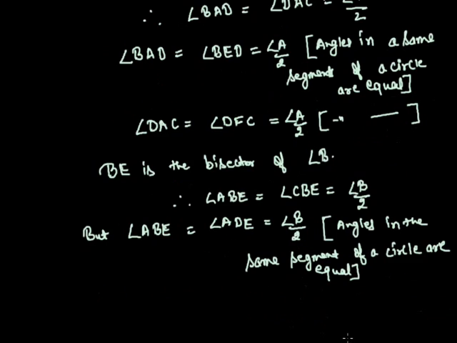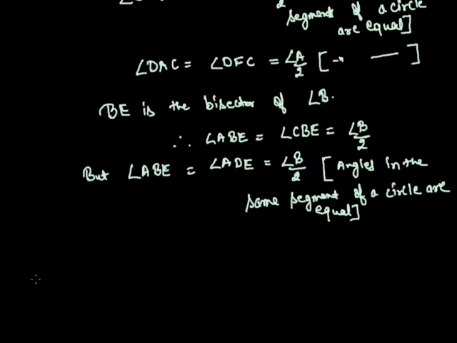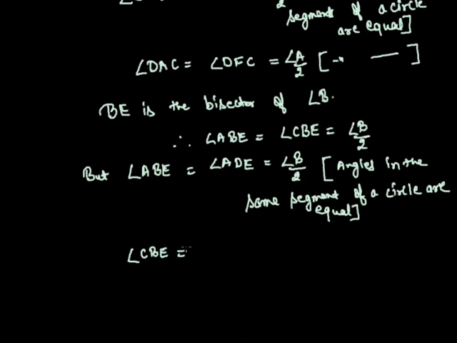Similarly, angle CBE is equal to angle CFE. Angle CFE is equal to angle B by 2. Again, by the same property, angles in the same segment of a circle are equal.